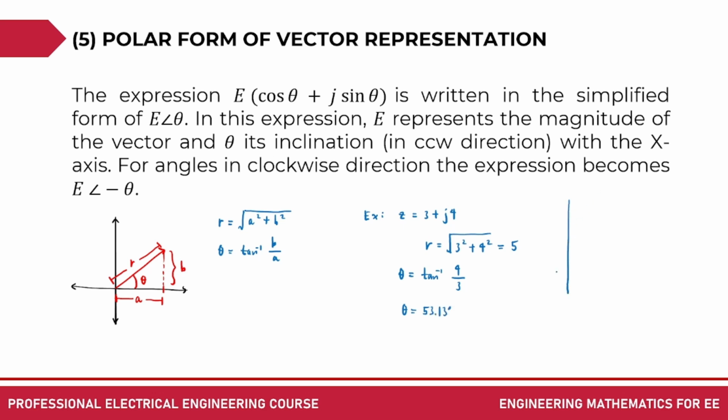So in totality, we'll get this: 3 on one axis, 4 on the other, and this is your vector. This is now 5, and this is theta, 53.13. That's the polar form.